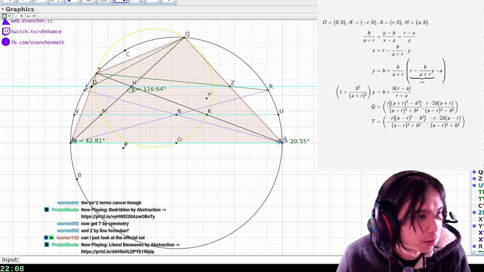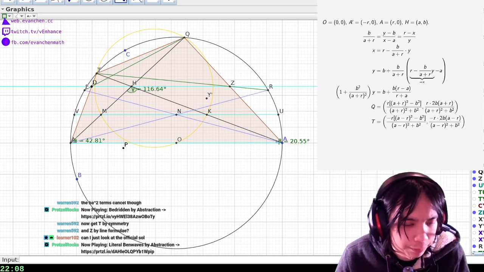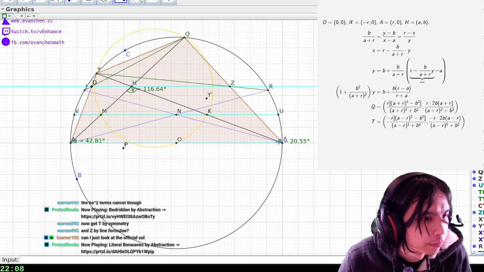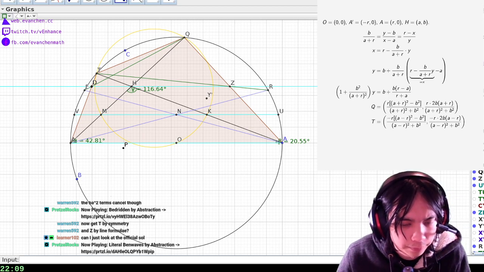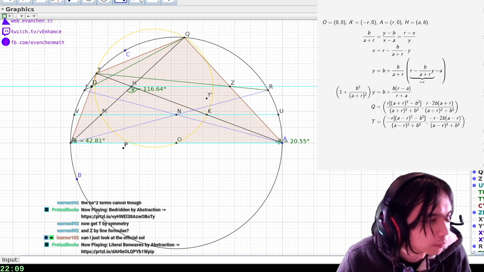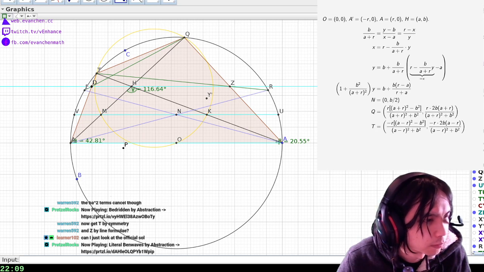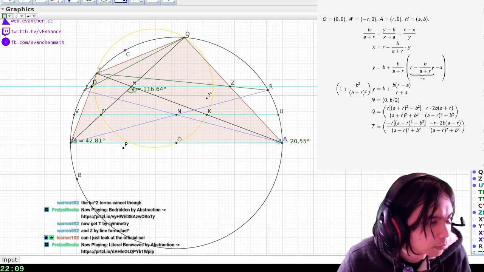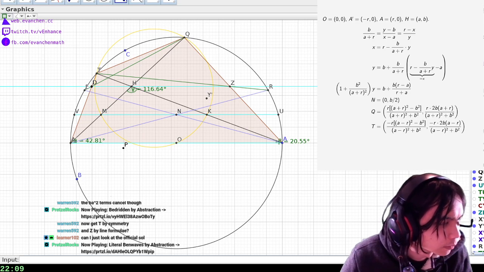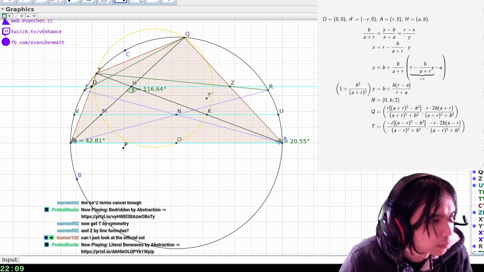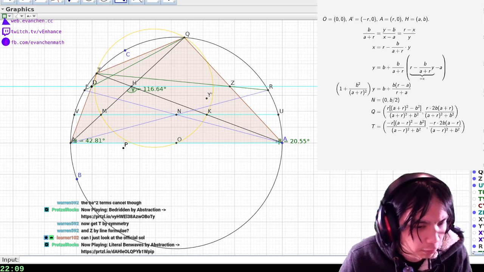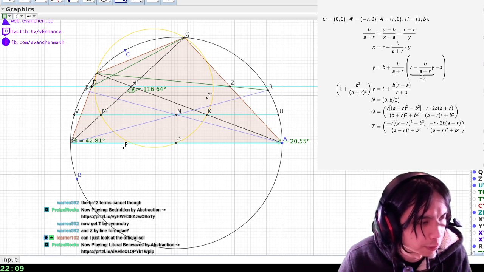What is N? N is pretty easy, right? The whole reason we picked this setup is to make N easy. N will be 0, comma B halves. Yeah, we can get Z by some similarity.